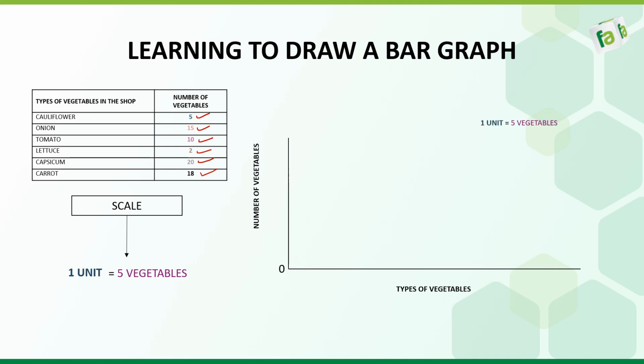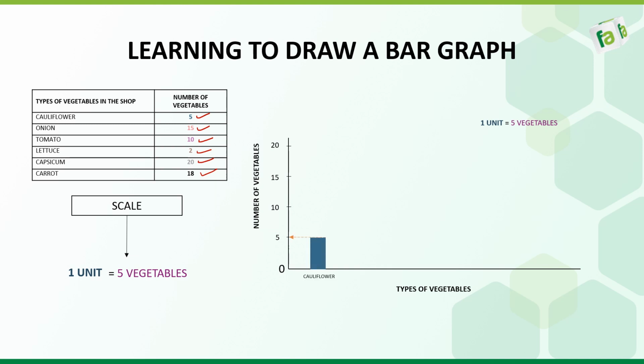Now, mark the scale on the vertical line at regular intervals, which is 5, 10, 15 and 20. Now, draw the bars and label the horizontal axis like this.